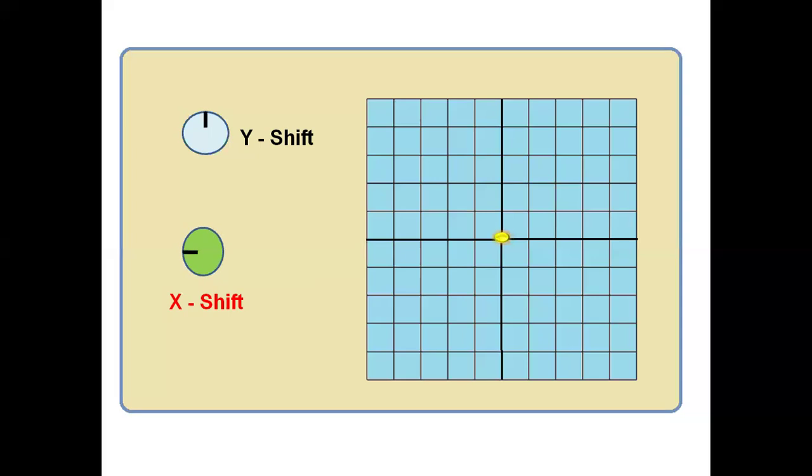So wherever the spot is, it can be brought to the middle position by adjusting Y shift or X shift. This can be done with the waves as well. Not only the spot, waves or horizontal lines or vertical lines can be brought to the middle by adjusting X shift and Y shift. So that's all, and thank you for watching.